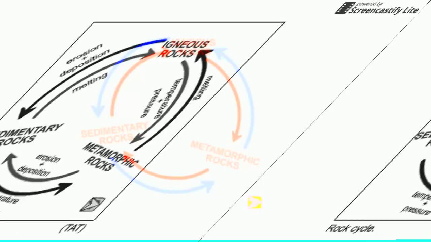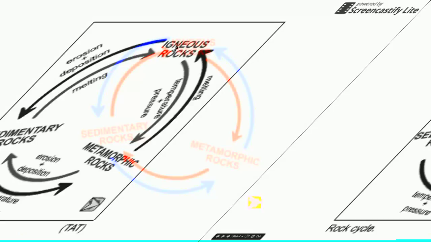So as you can see from this diagram, you have igneous rock in the upper part. From that, if temperature and pressure are applied, it becomes metamorphic rock, just like we had talked about. Anytime temperature and pressure are applied, it leads to metamorphic rock. If erosion deposition are applied, it leads to sedimentary rock.